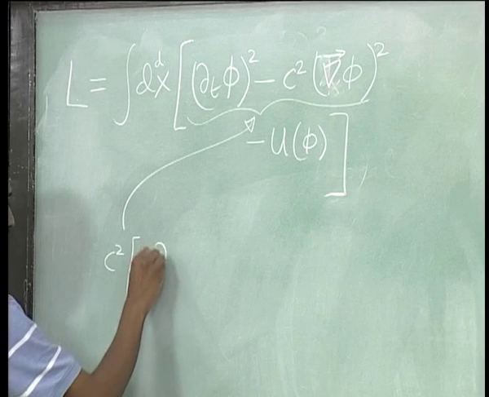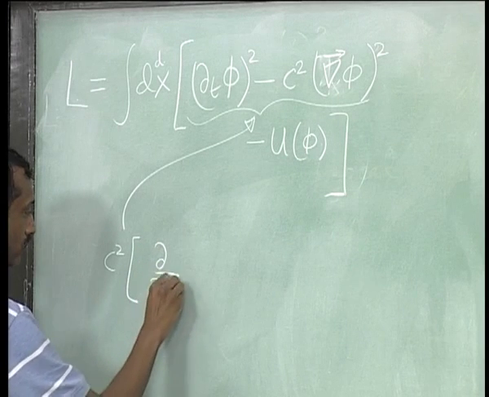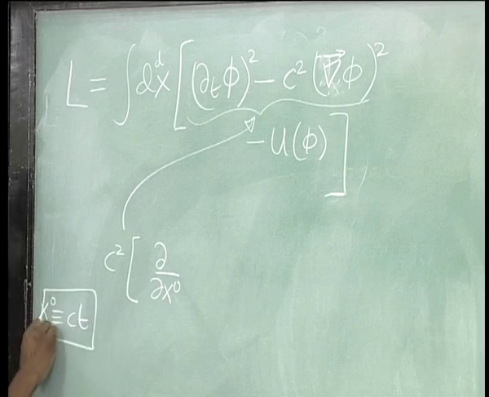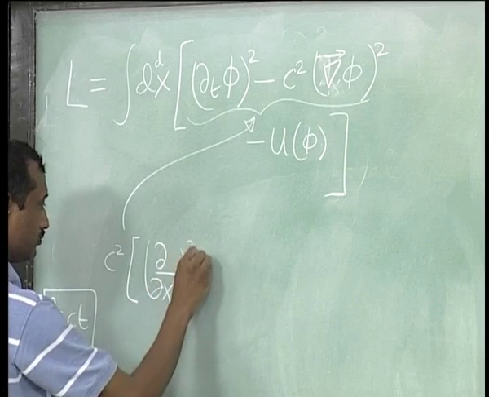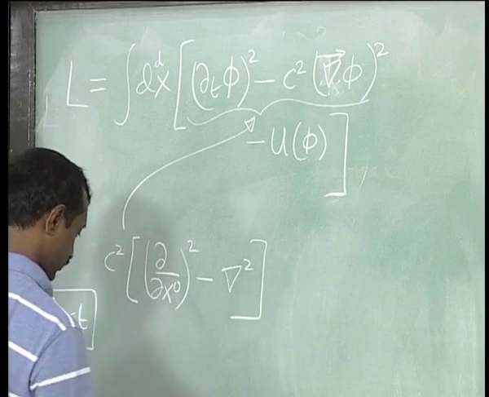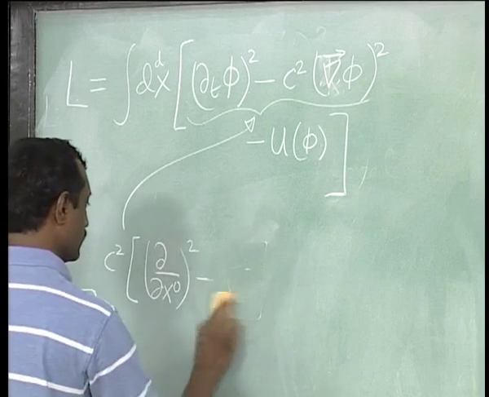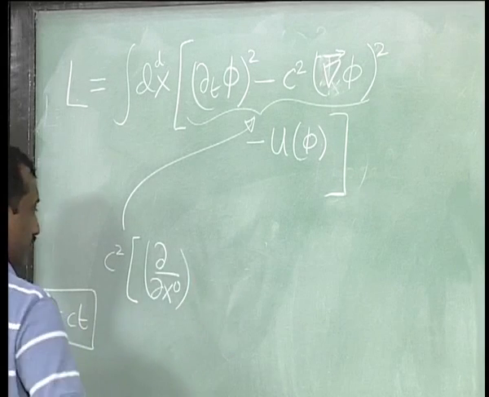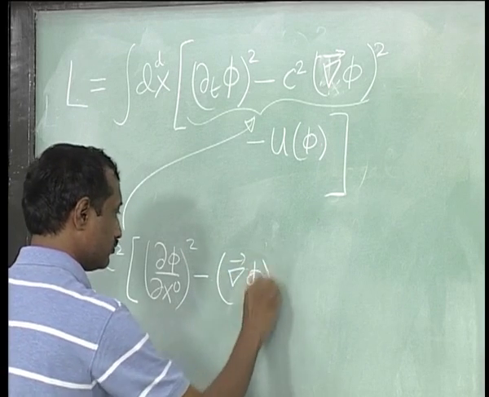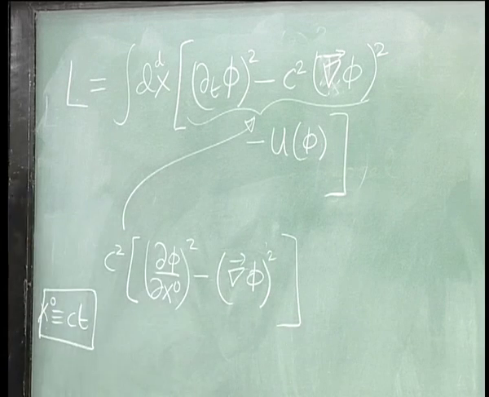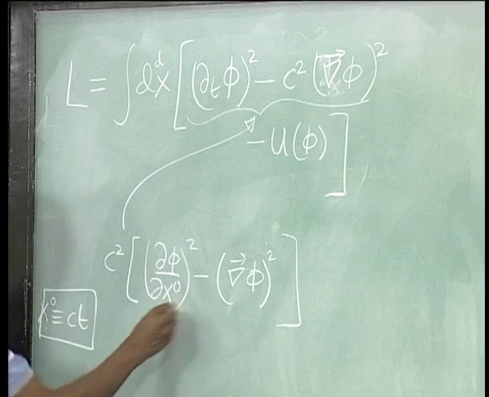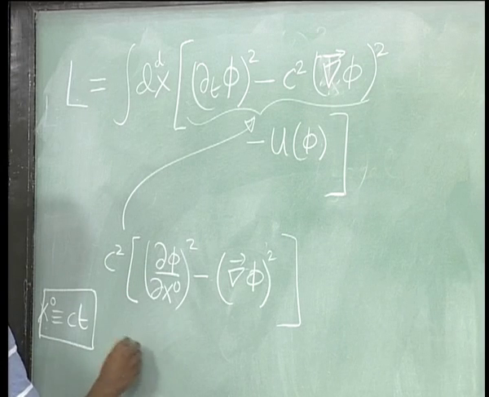So, this will become d by dx0, recall x0 is defined to be ct. And you can rewrite this as c.